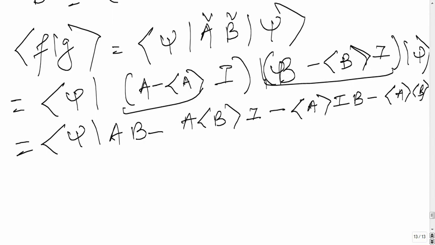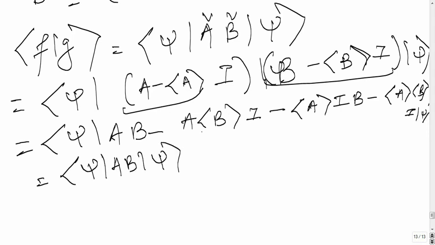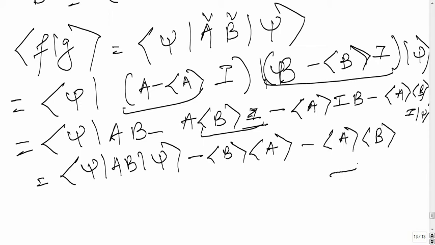If you see xi, this would give us AB, and since the expectation value is a number, it would come out, and the I operating on the state xi would again give us xi, and this A would become the expectation value of A. Similarly for this one, both are numbers times the identity operator, which upon operating on xi would give us xi again.